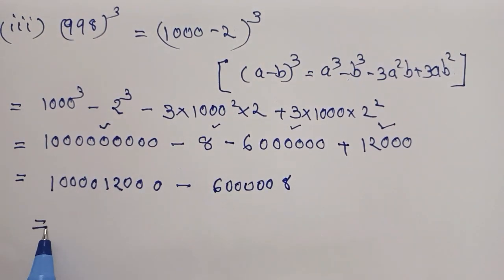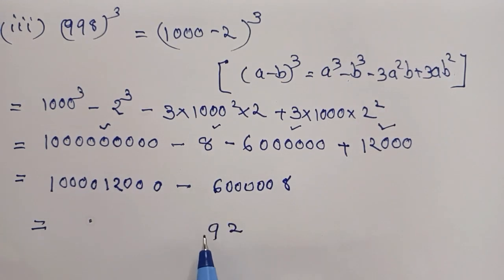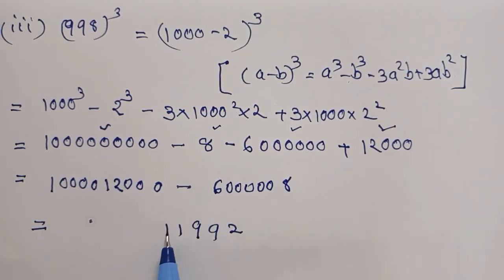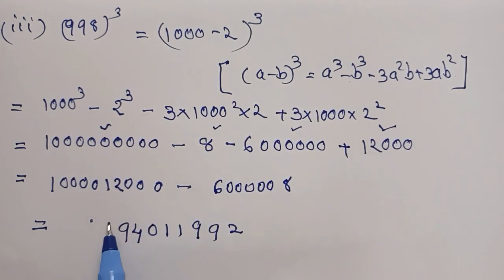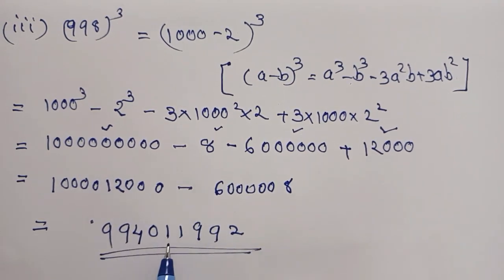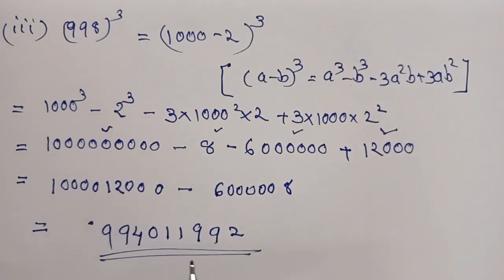Now subtracting these numbers we get 994011992, isn't it? That is 994011992 is the final answer. Okay. Thank you.